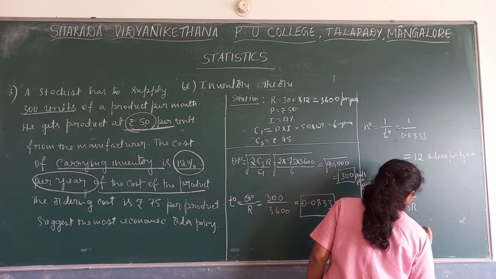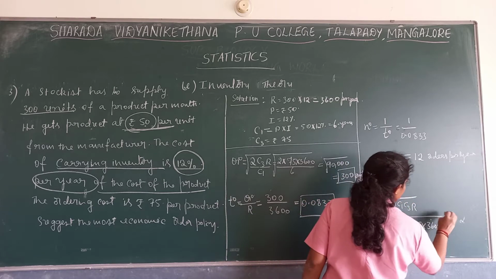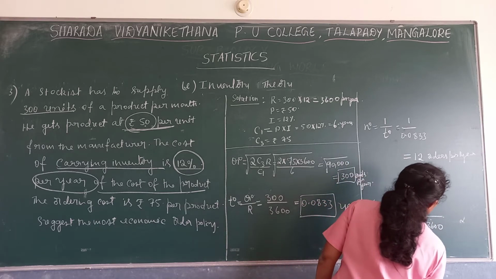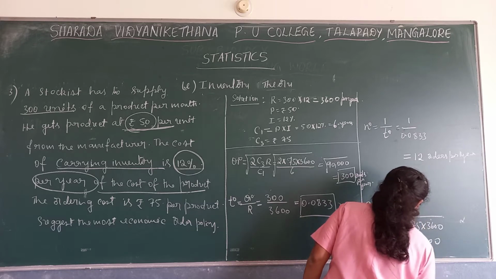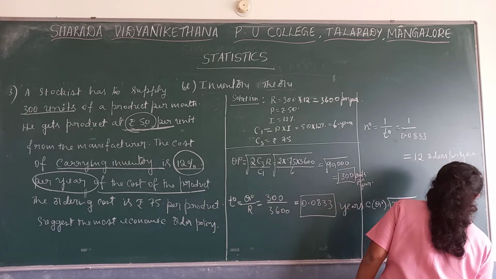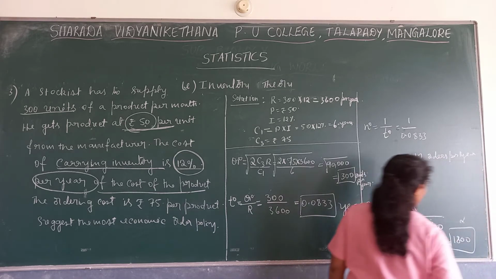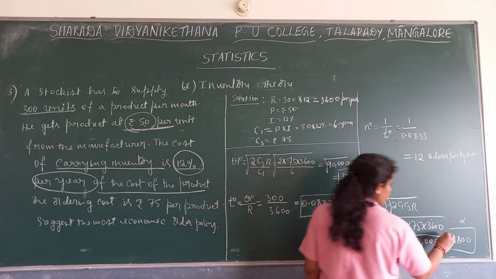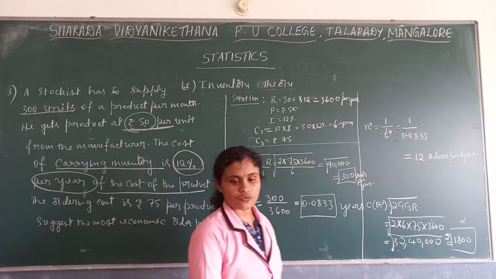C3 is 75 into R, 3600. Take the root, and you get 1800. That is the cost of replenishment. You can present it in rupees.